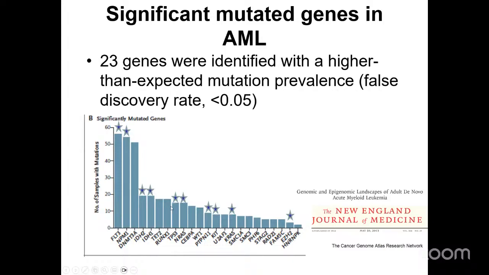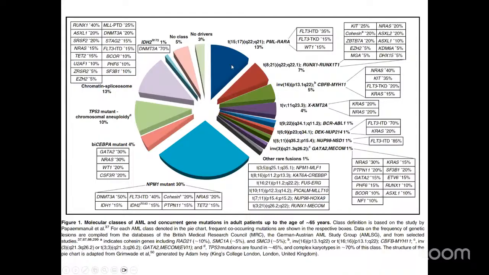However, the most important ones are still here. And even when you classify the AMLs based on their translocations, like the 5;17, the 8;21, the inversion 16, the prognosis of these could be based on other co-mutations that are identified. For example, with NPM1, we know that if you find the FLT3, that is supposed to be a poorer prognosis.